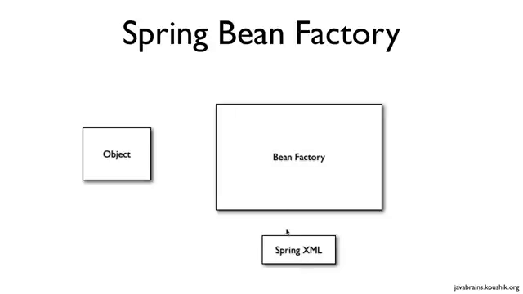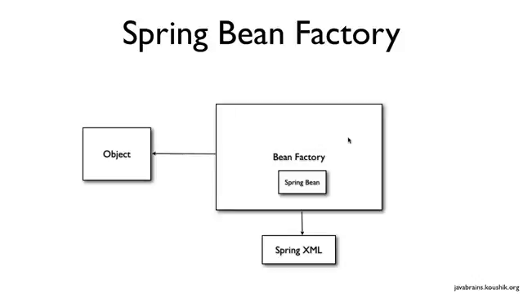Now, the bean factory creates a bean from this blueprint, and then it makes a new Spring bean, and this Spring bean is handed back to the object. Now the advantage here is that since this new bean has been created in the bean factory, Spring knows about it. Spring has a handle to this bean, and it manages the entire life cycle of that bean. So in this case, Spring acts as a container for this newly created Spring bean. So this is a high-level overview of how you can use a Spring bean factory in order to create beans.